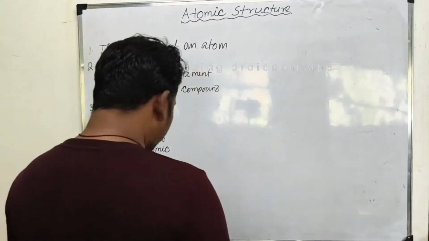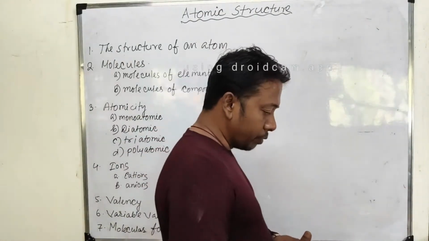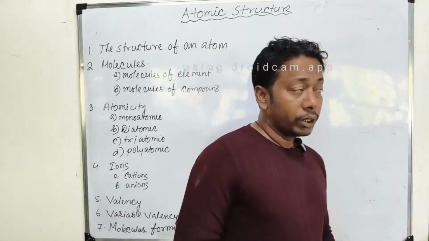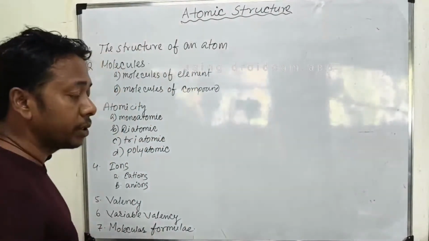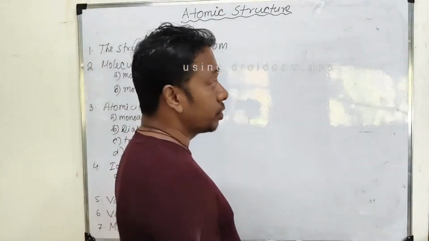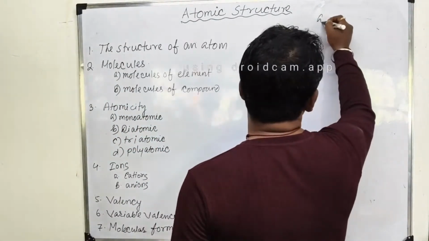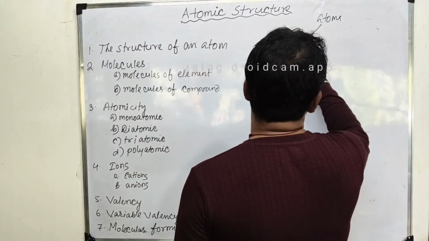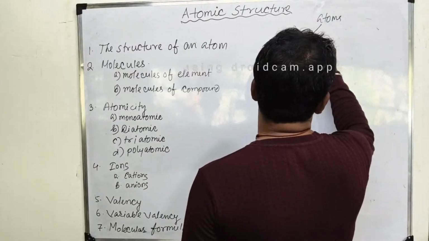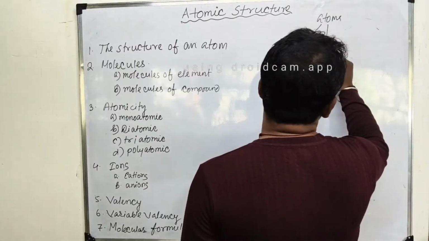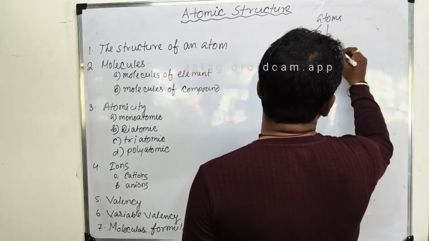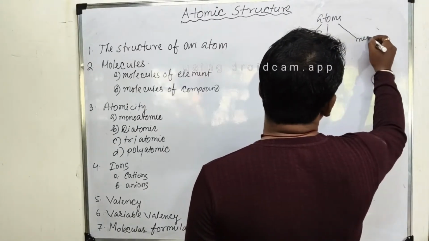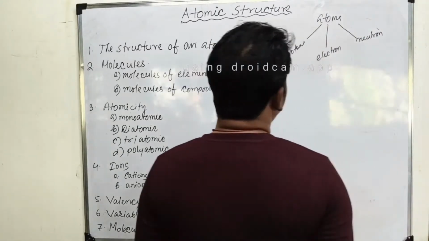Now, the structure of the atom. First we have to know what an atom is. Atom consists of three particles. One is proton, number two is electron, and number three is neutron.